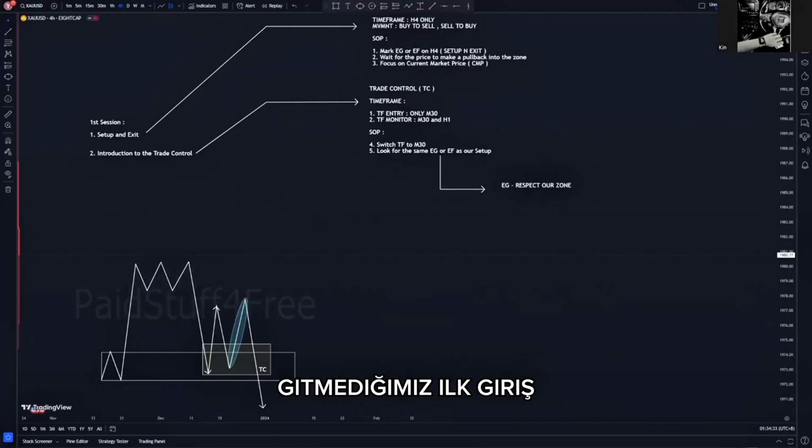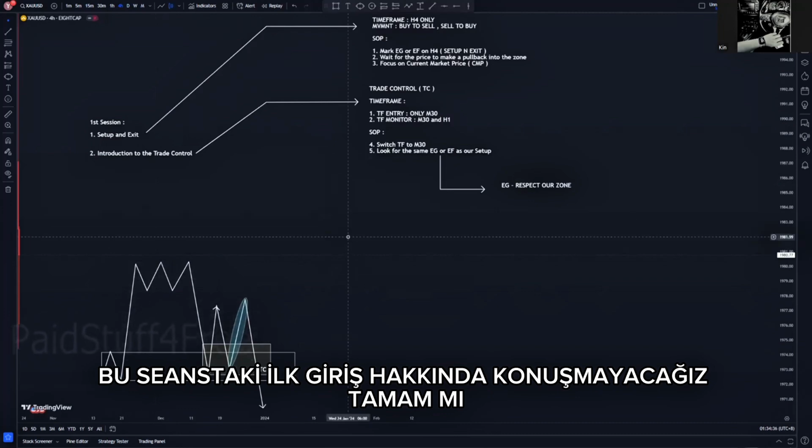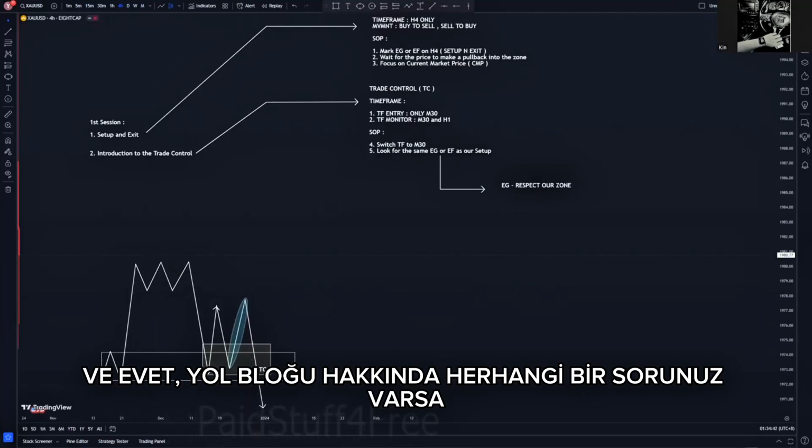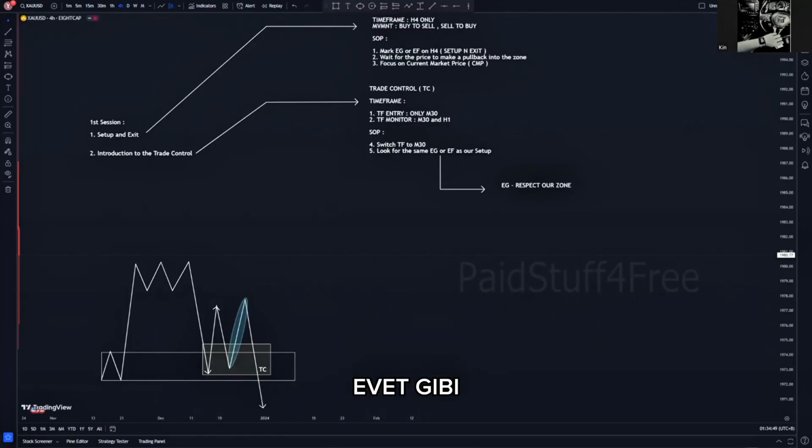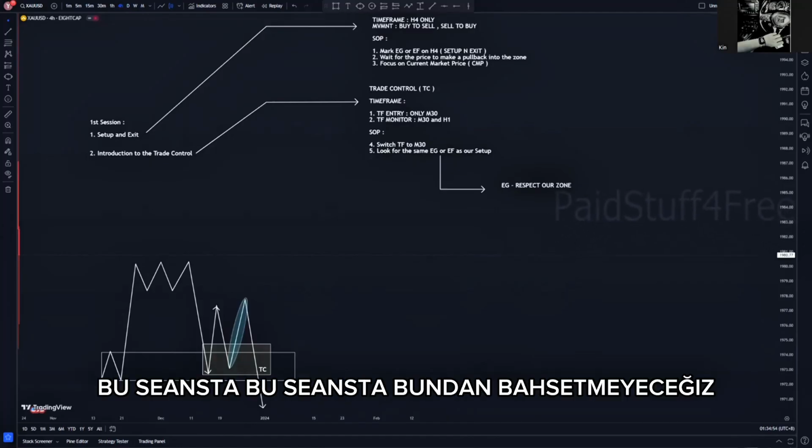We're not going to talk about the first entry in this session. If you have any questions about the roadblock, the first entry, the re-entry, we're not going to talk about that in this session.